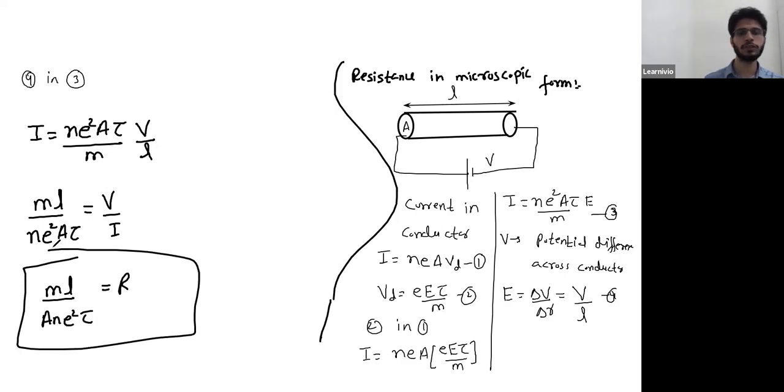This is your resistance in terms of microscopic quantities. So resistance depends upon number density and relaxation time. Just note it down.